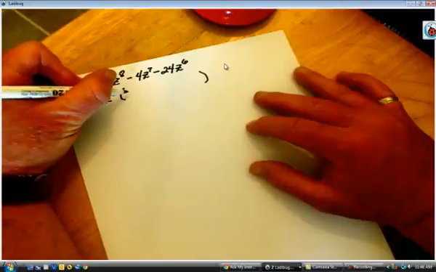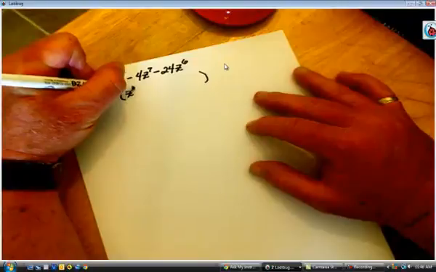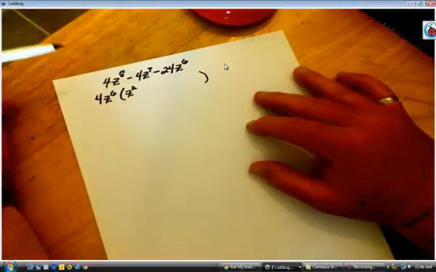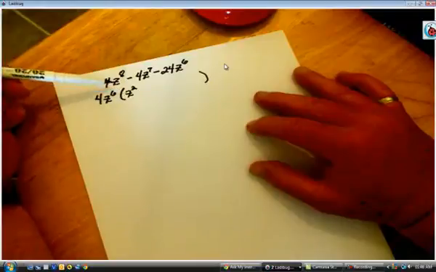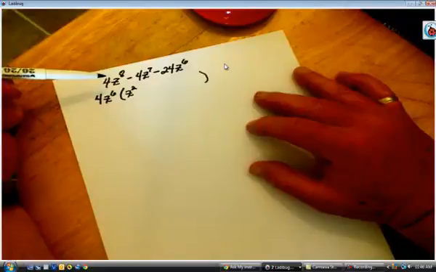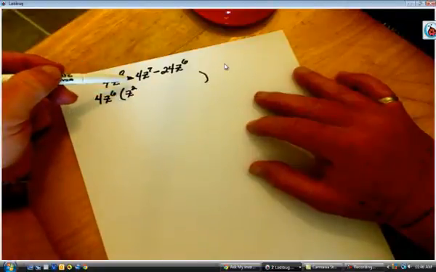That means that z to the second power, z squared, should go here. Let's check that real quick. Is it the case that 4z to the 6th times z squared is 4z to the 8th? Why, yes it is.